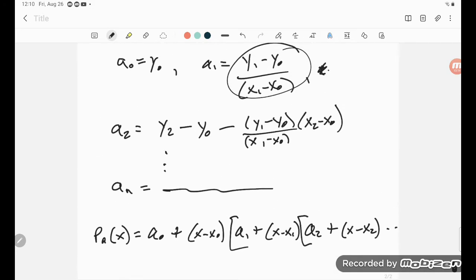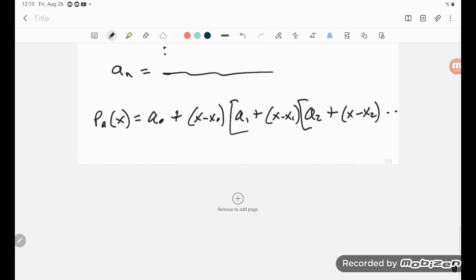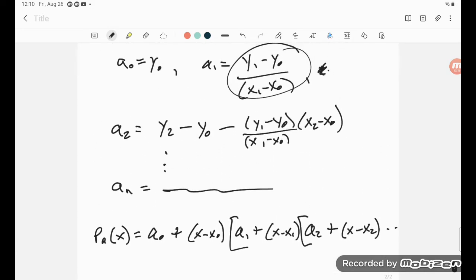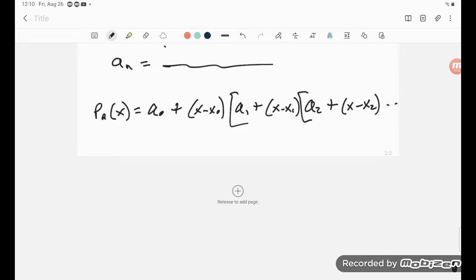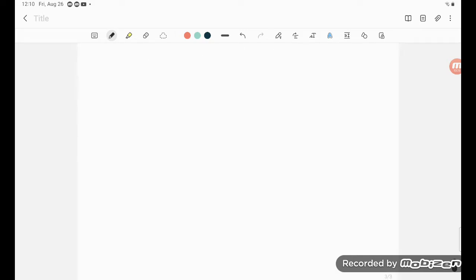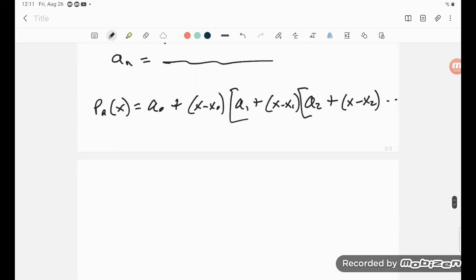So these things are nested, but you see, well, I'm trying to get this to add a page. There we go. But you see then, what would happen is if I put in a particular value of x, then I could actually start at the very inside.